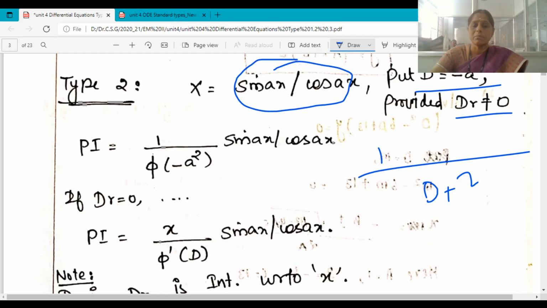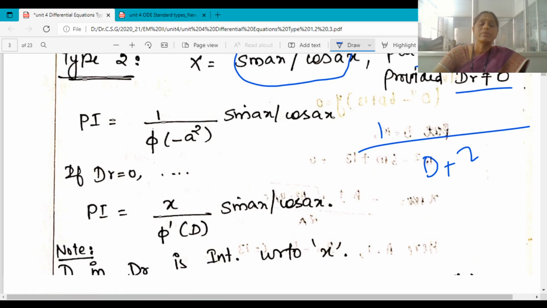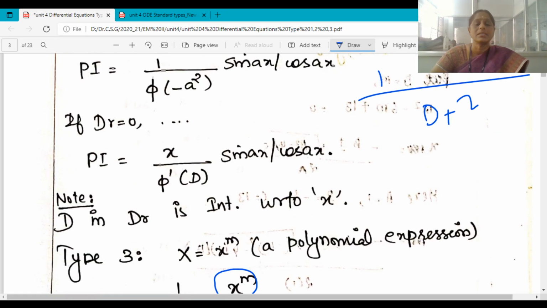For trigonometric functions, you multiply the numerator and denominator by the conjugate, so that you get the D² value in the denominator. Note that the D in the numerator is nothing but differentiation with respect to x.